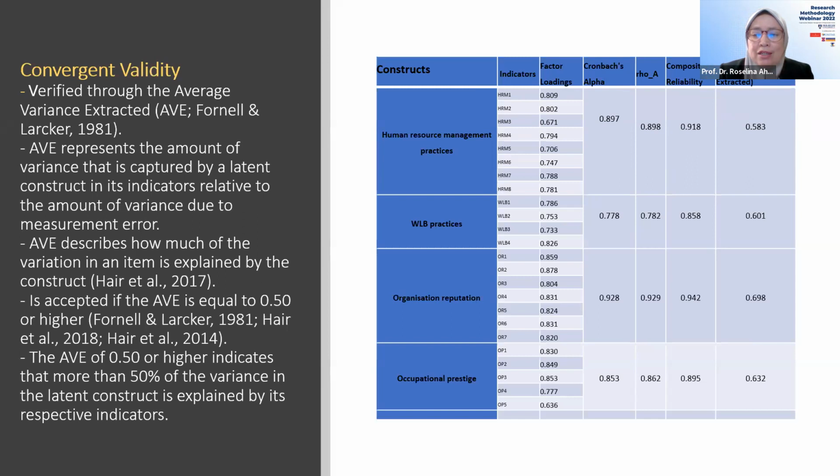It implies 58% of the variance in the human resource practices is able to be explained by the indicators. If you are good at it, you can write the indicators, HRM1, HRM2, HRM3, and just give a snapshot about those indicators.